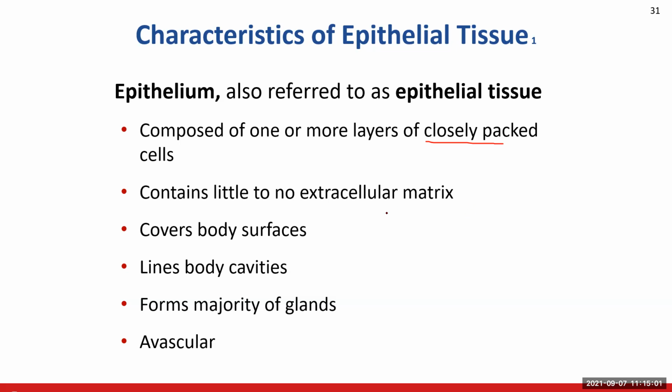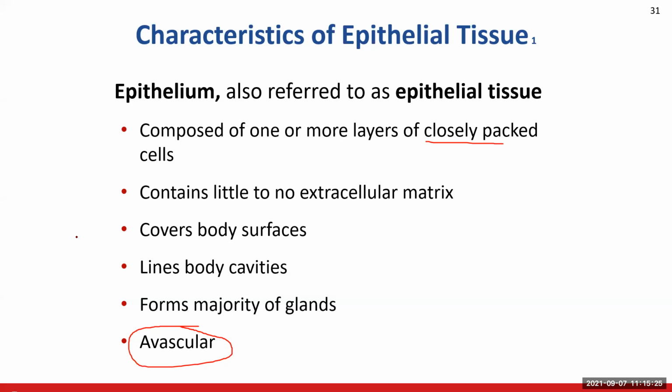And one last characteristic, which is very, very important to know, is this fella right here: avascular. That means the epithelial tissue does not have a blood supply directly. So it has to rely on other means, other methods of getting nutrients and disposing of wastes.